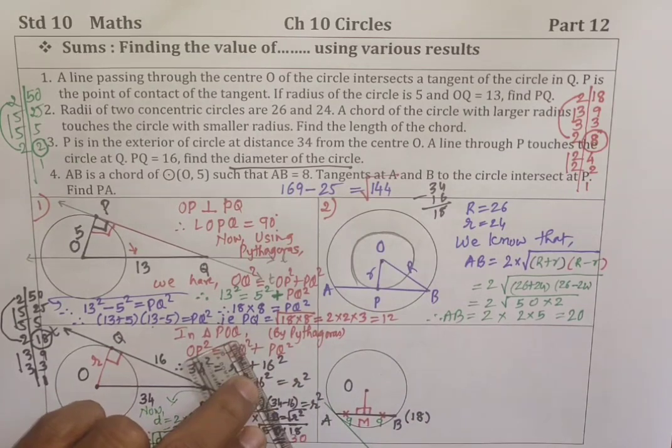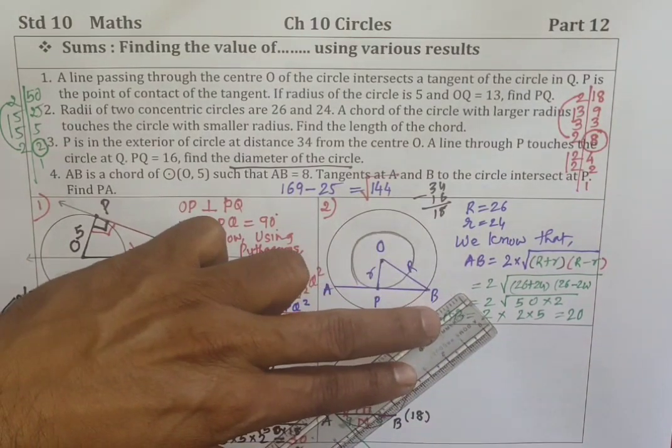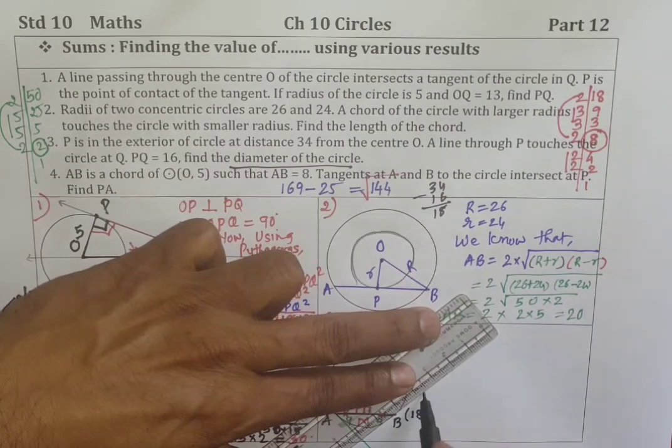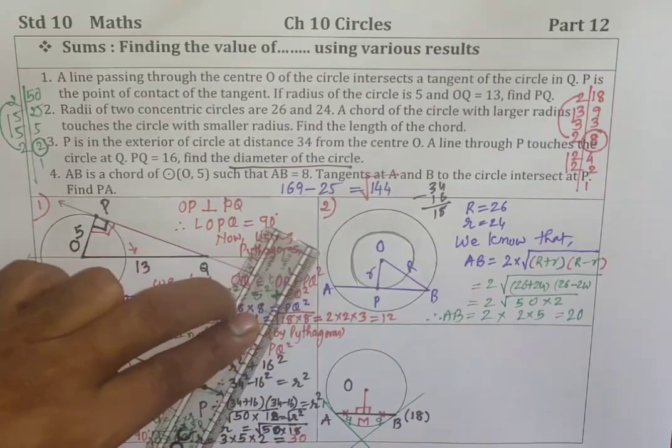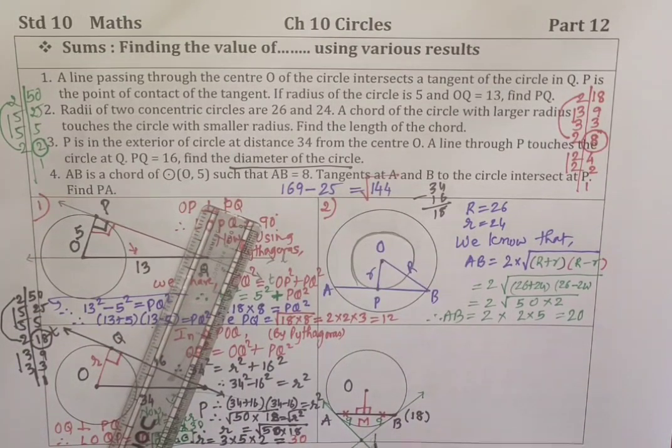This is the tangent at A, and here is the tangent at B. They intersect at point P. You are supposed to find PA. How will we find PA? All right, children.